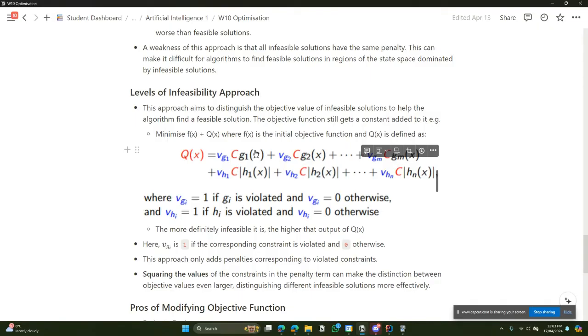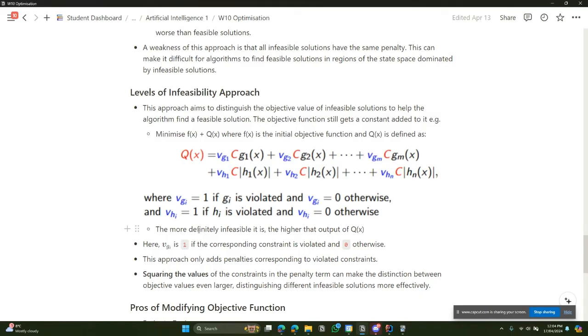Basically, you can treat these as constraints that would all be summed up in one massive summation to get q of x. Differentiating between what each constraint means isn't particularly required, but it would be good to know. So if anyone knows what the difference between the g function and the h function is, pop it in the chat.